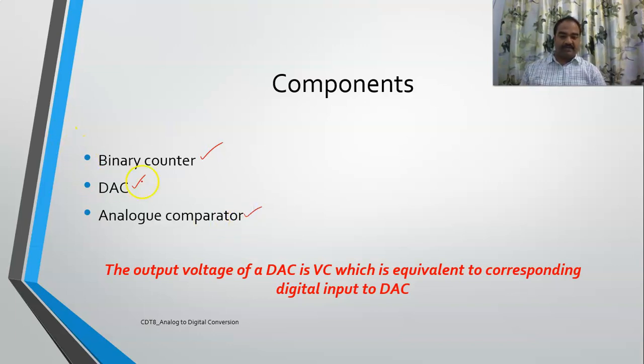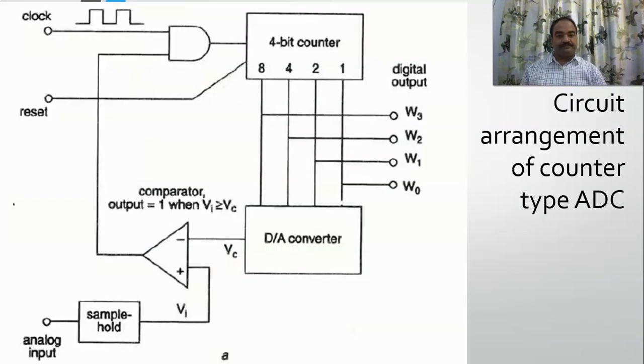The output of the DAC is VC, which is equivalent to the corresponding digital inputs to the DAC. That we will discuss in detail. So try to remember the important components: a binary counter, a DAC, and an analog comparator. These three are the important components of the counter type ADC.